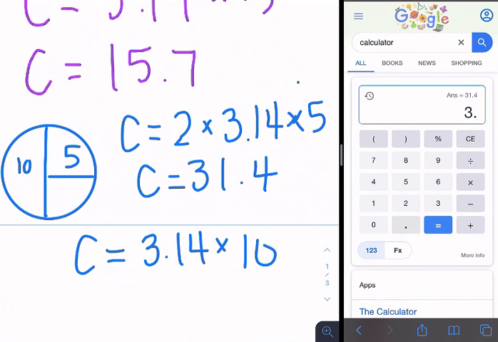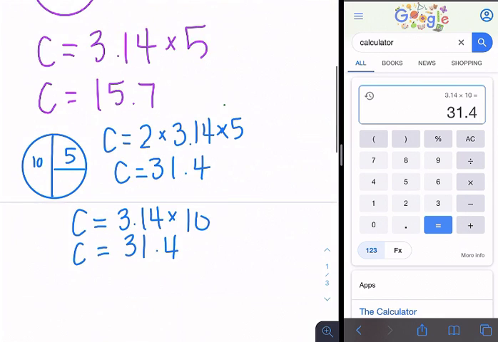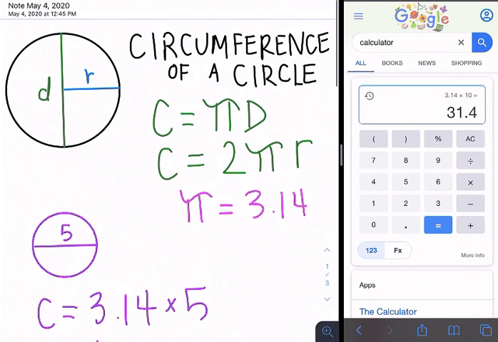You just have to make sure you're being really careful that you're looking at whether it is the radius or the diameter. You can use either formula as long as you're just being careful about that. So that is how you find the circumference of a circle.